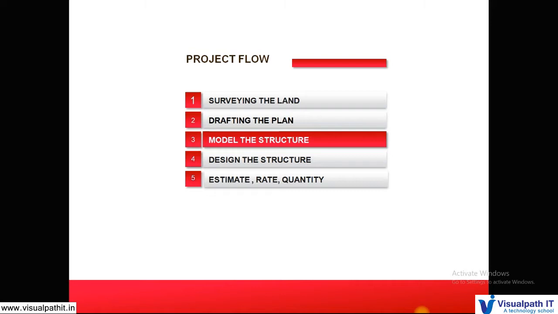So now you have seen the flow. I would like to support this through a video. Let us see the video of how everything is done till the modeling and how Revit will be useful to you in your course.